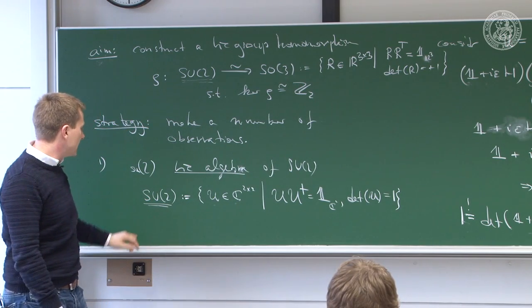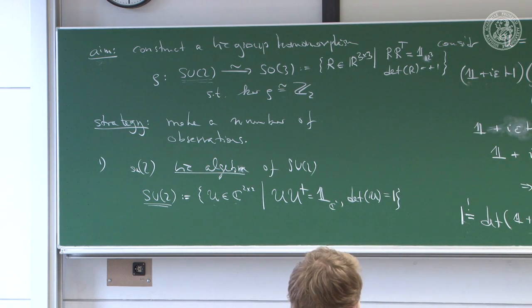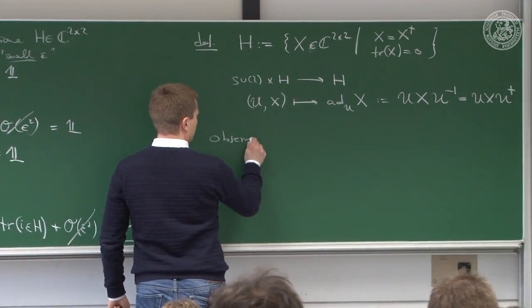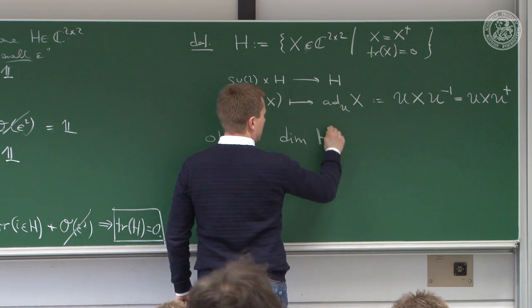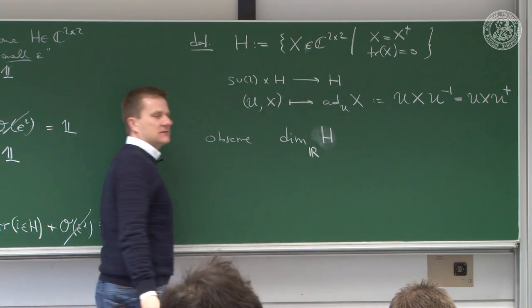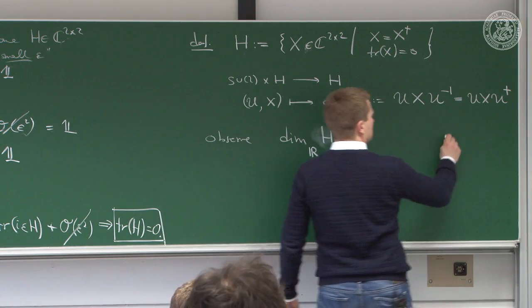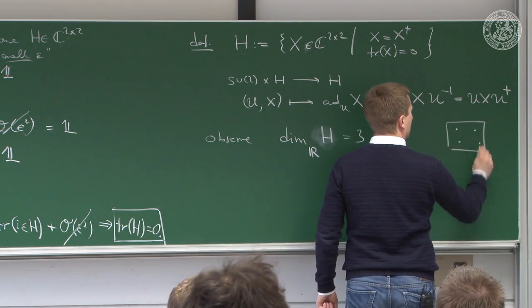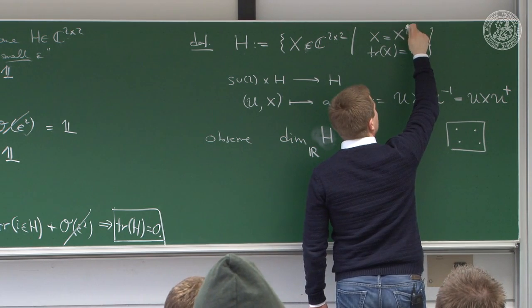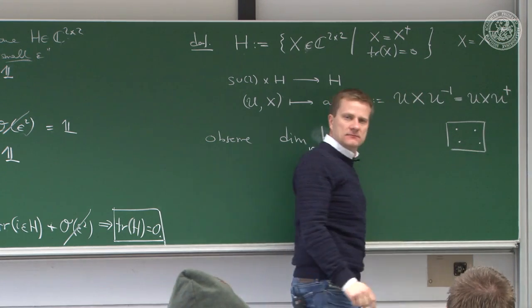because how many dimensions does this Lie algebra have? Well, observe, the dimension of this Lie algebra, of this H, as a real vector space is 3. Because, roughly speaking, you have 2 by 2 complex matrices, but you require that X equals X dagger, and you know that X dagger is X transpose star.